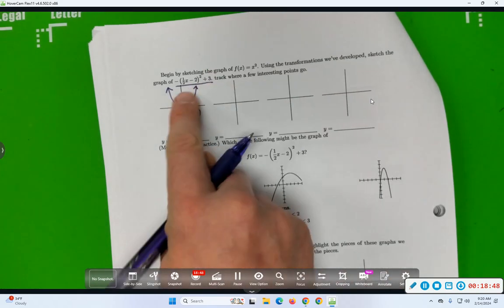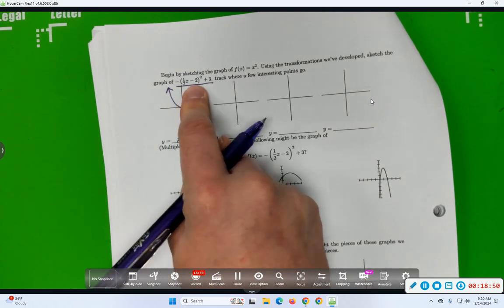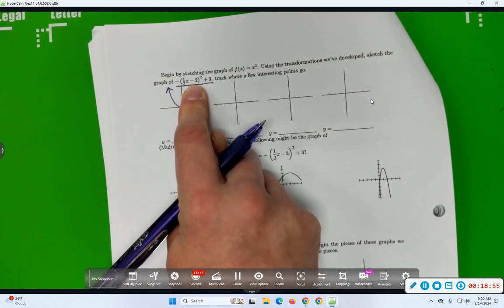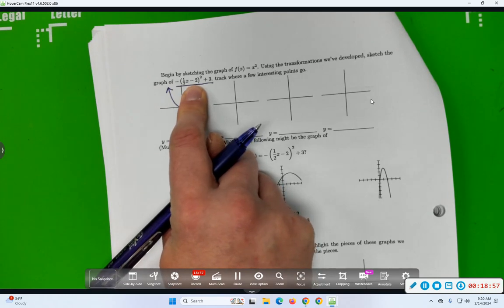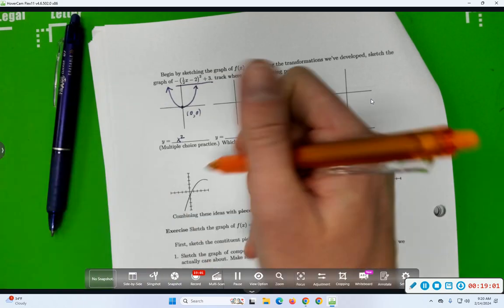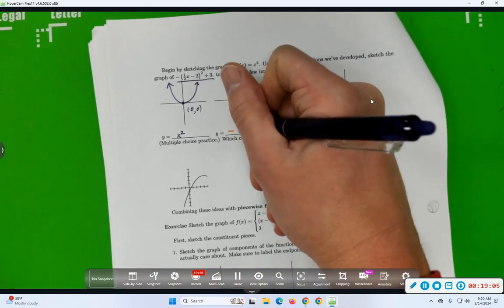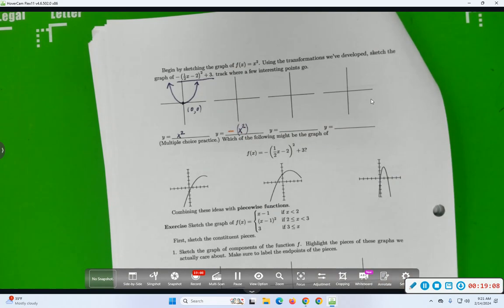I want that function. Which of the moves in that should I deal with first? The negative in front. So let's get negative x squared. And you don't need the parentheses I just drew, but I really want to emphasize the negative is not inside of the parentheses. All right.